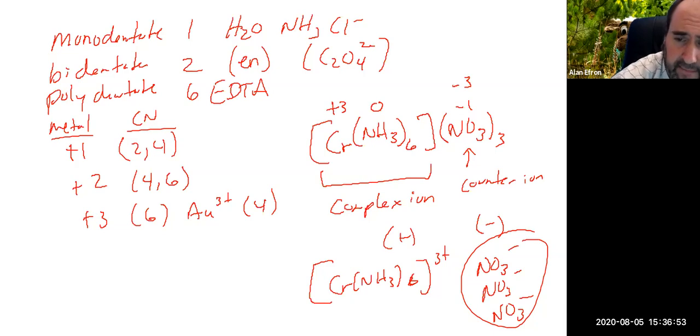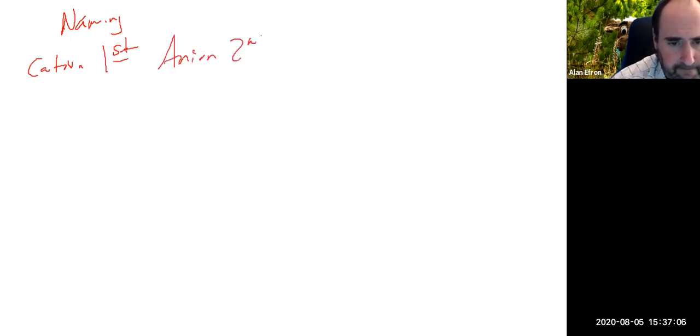Now, in terms of naming these, we talked about naming them. We do just like normal. We do our cation first, followed by our anion. And we do alphabetical order for the complex ion part.